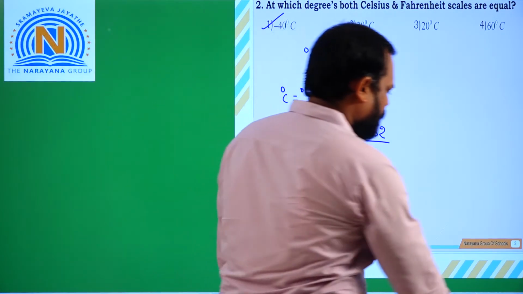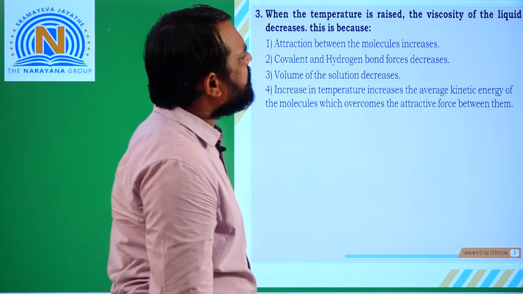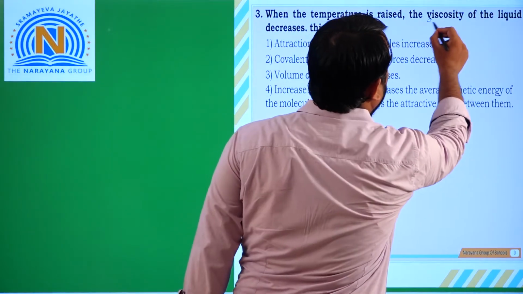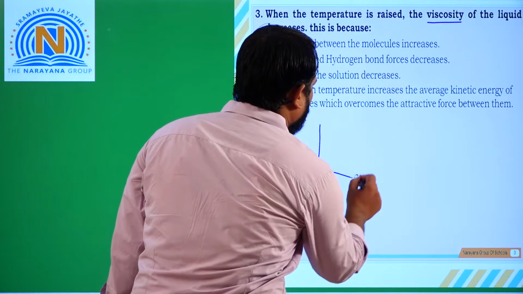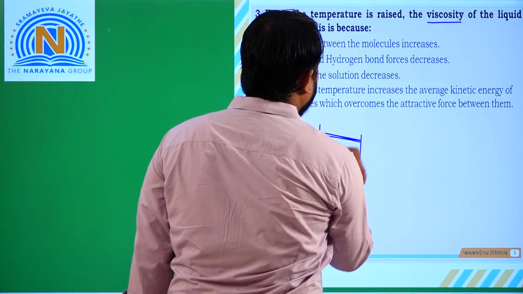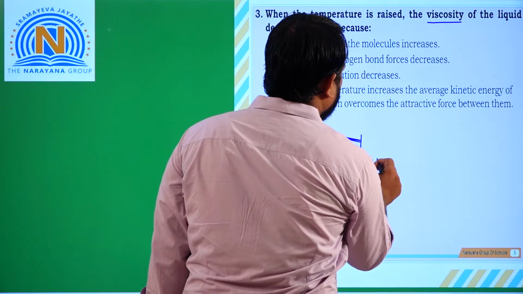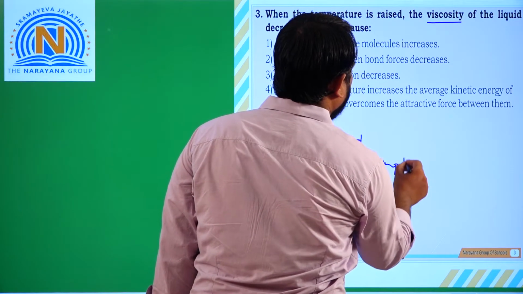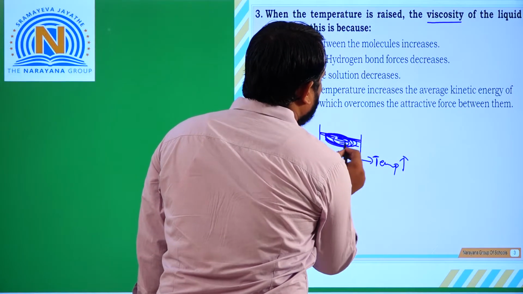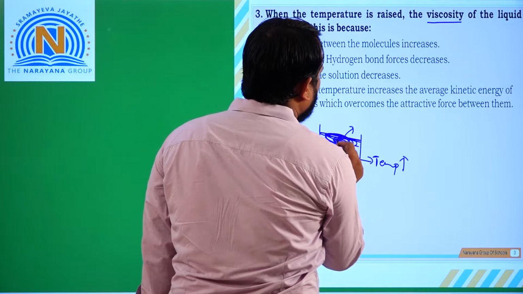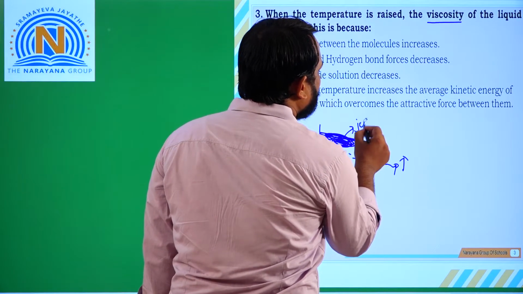And next, when the temperature is raised, the viscosity of the liquid decreases. What happens when the temperature is increased? What exactly does viscosity mean? In a thick liquid, the intermolecular forces are more, so it is like a jelly-like substance.